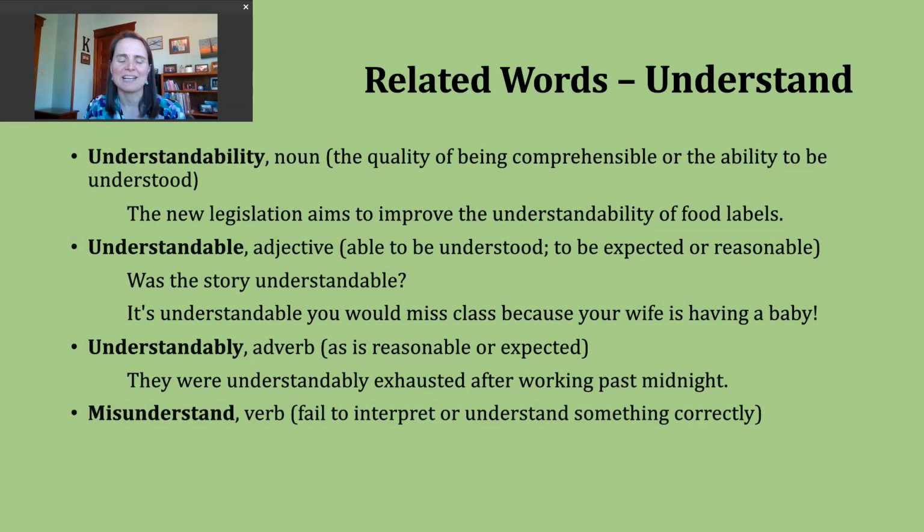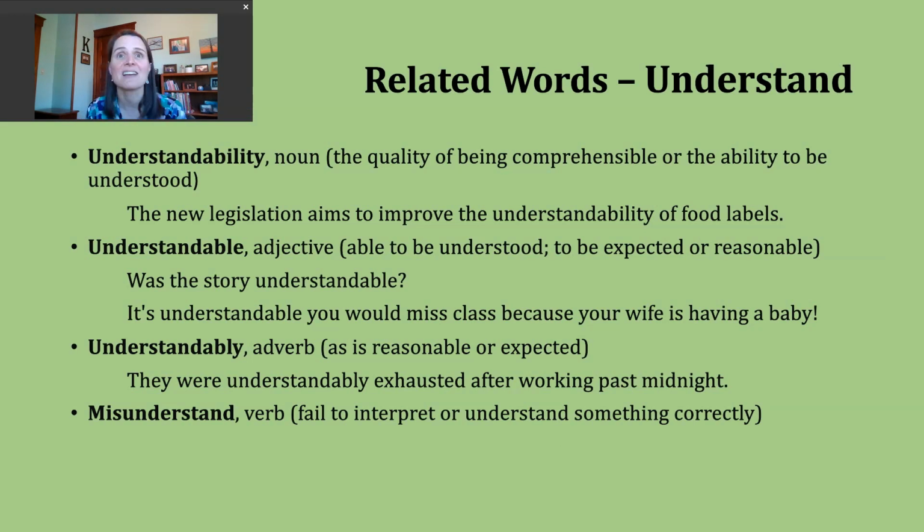One last related word for us today, and it's actually another verb. I've added the prefix mis, M-I-S, to our base verb here. And many times when you see that M-I-S, you can think something is incorrect. We have some kind of problem, something has usually a negative meaning to it. So if we misunderstand, then we fail to interpret or understand something correctly, right?